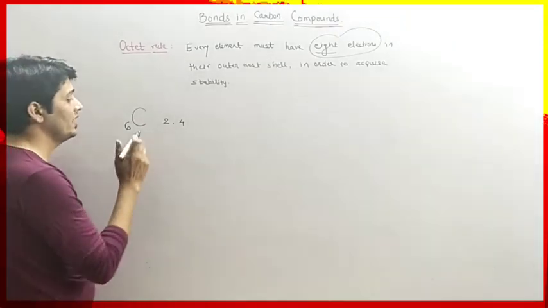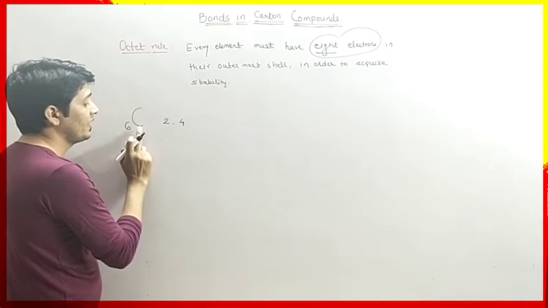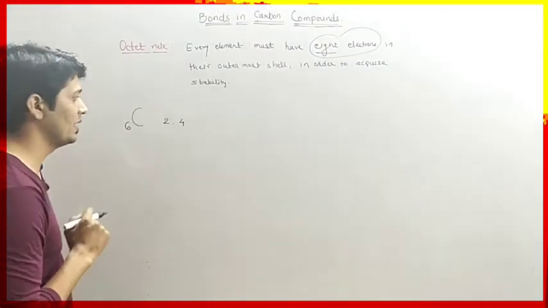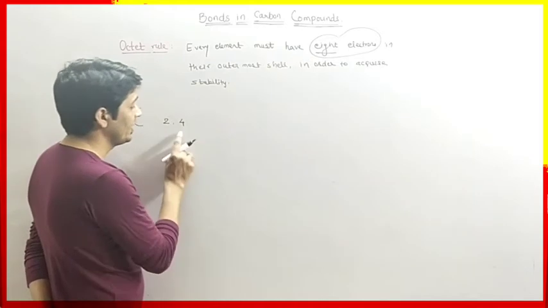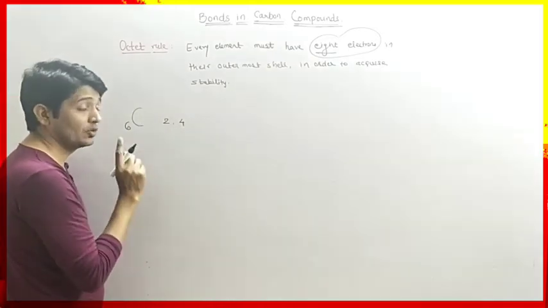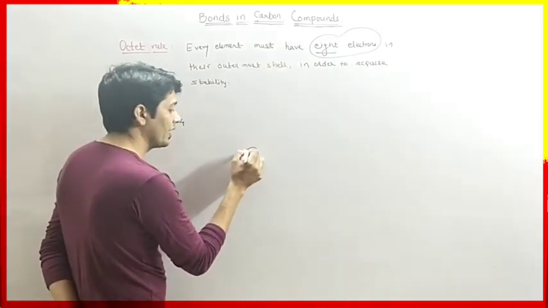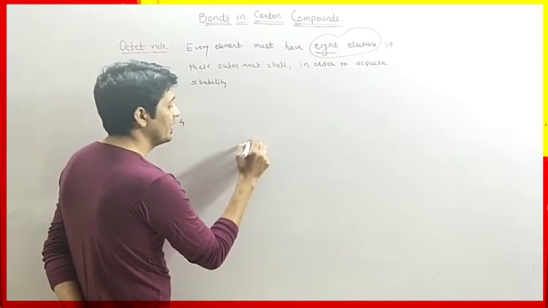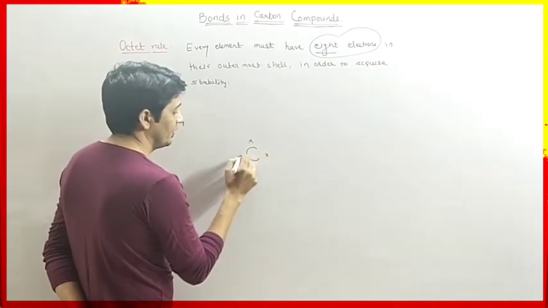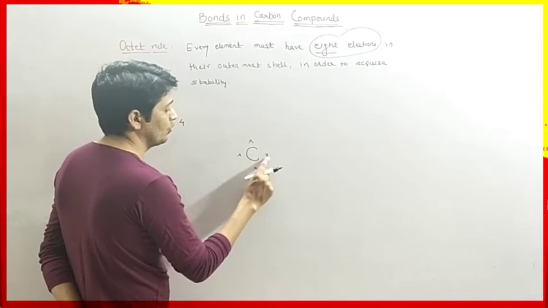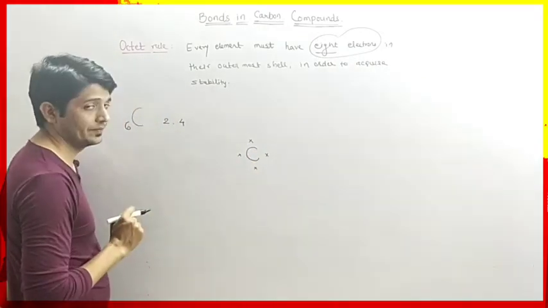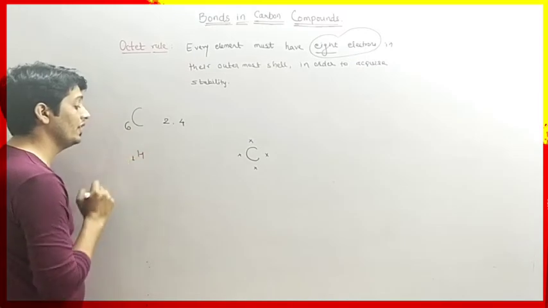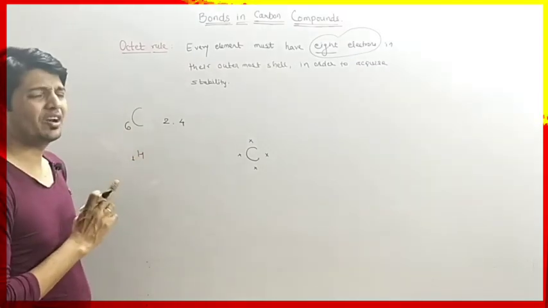Okay, so generally carbon shares 4 electrons with other atoms. Example: carbon has 4 electrons in its outermost shell. Carbon's electrons are represented by crosses. Suppose these are the 4 electrons of the carbon atom. The hydrogen atom has only 1 electron in its outermost shell, which is the first shell.